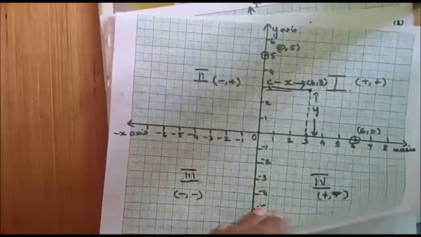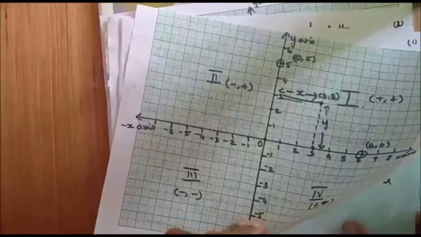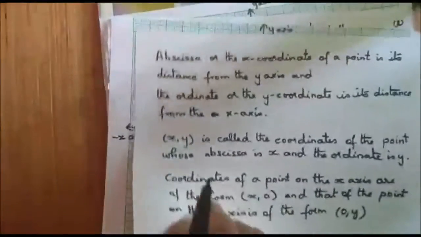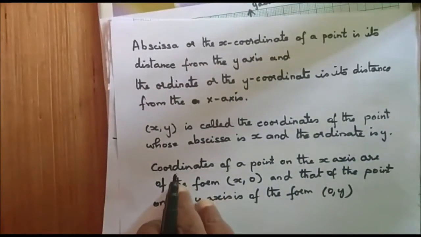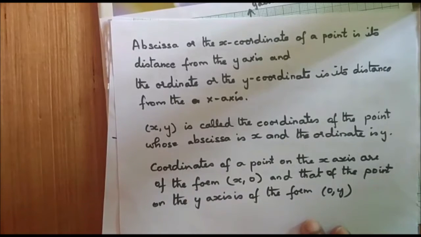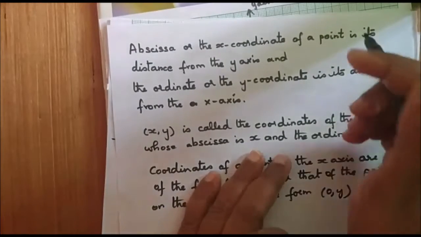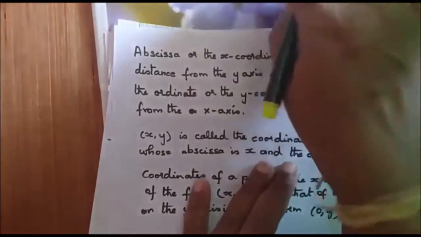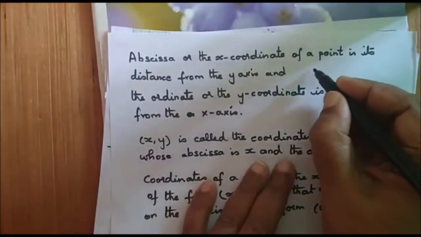Now let us learn certain properties of the coordinates in coordinate geometry. The abscissa, or the x coordinate of a point, is its distance from the y-axis. Whenever we denote a point on the Cartesian plane, how is it denoted?